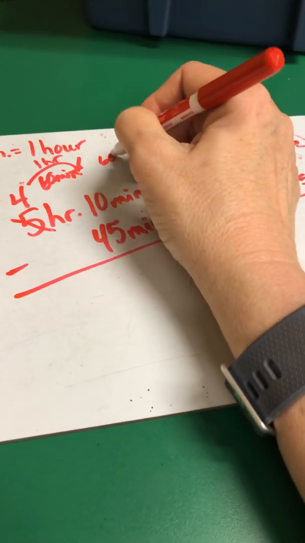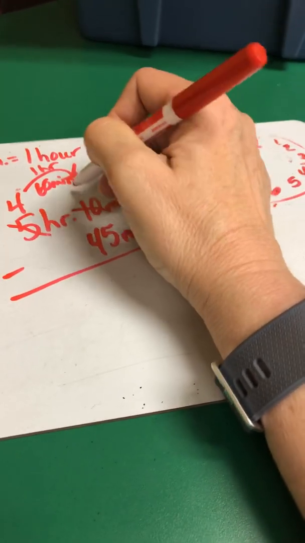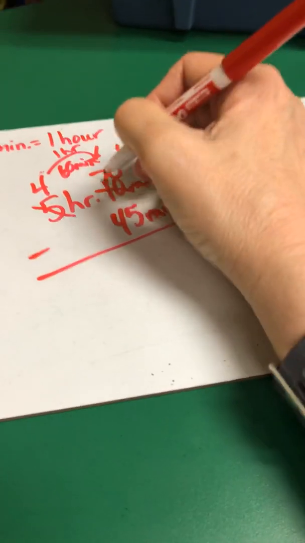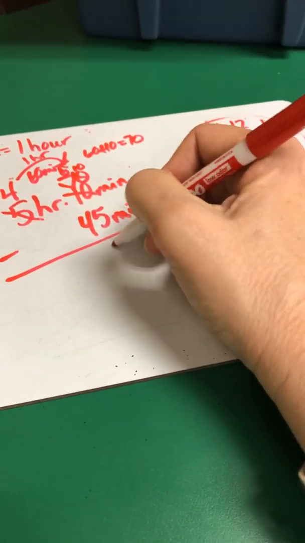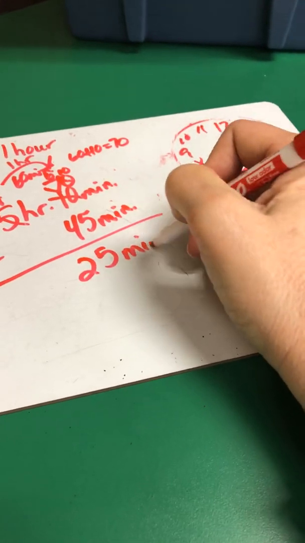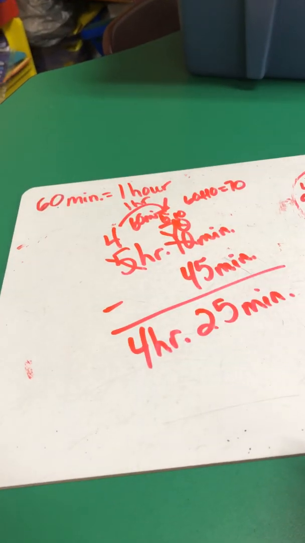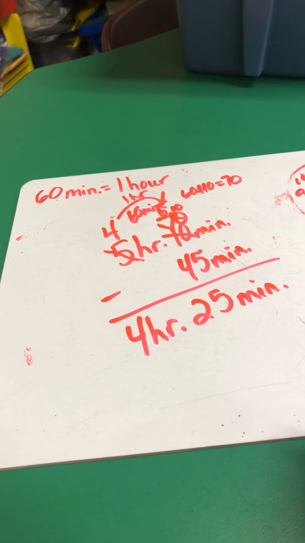Add my 60 plus the 10 already there, that's going to equal 70. Now I can do this. 70 minus 45: 10 minus 5 is 5, and 6 minus 4 is 2. There are my minutes. 4 hours minus nothing is still 4 hours. So I get 4 hours and 25 minutes.